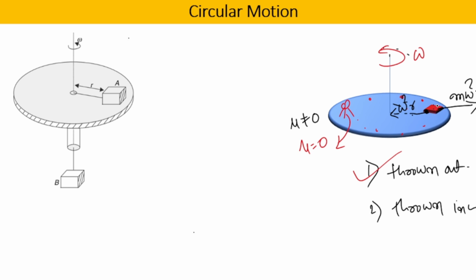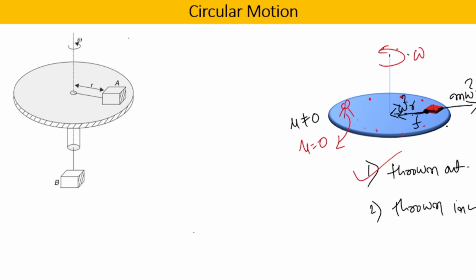So for some fraction of a second, you will feel like you are getting thrown outward, but very soon you will get controlled by friction acting in this direction. That will try to balance you. And in case F equals m omega square r, you will be sitting at rest on that moving turntable. Okay? So this is the case.